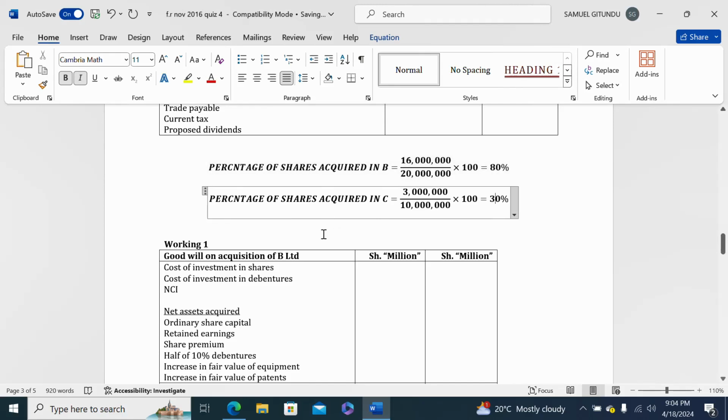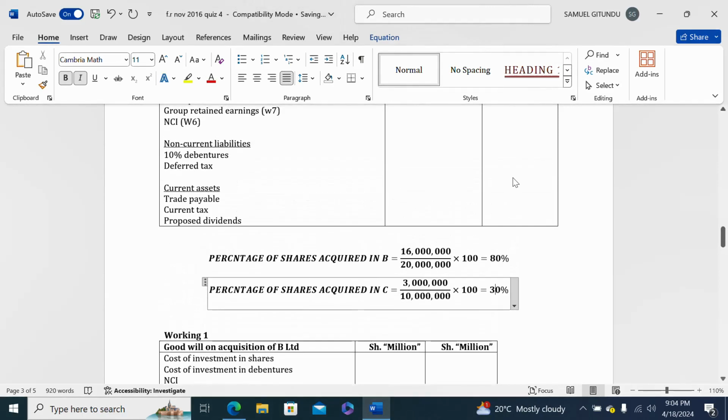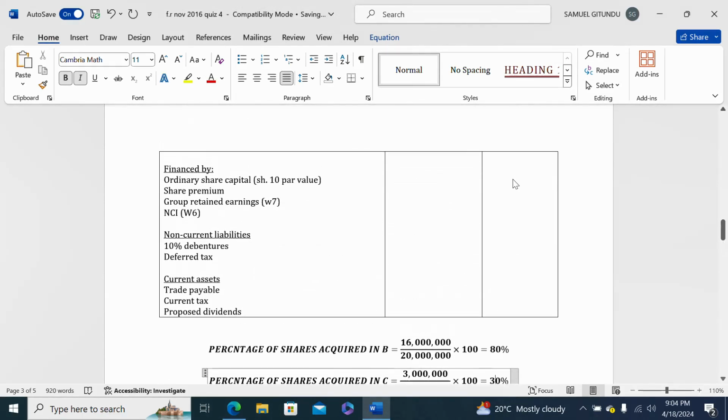Therefore, C is an associate. And you know, in a group, we don't consolidate an associate, we only consolidate a subsidiary. For the associate, we usually account for only one figure, called the investment in associate.